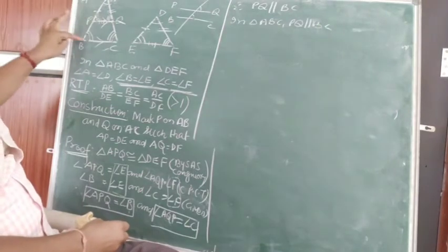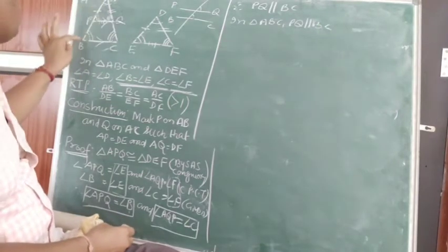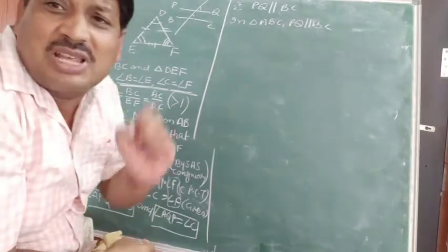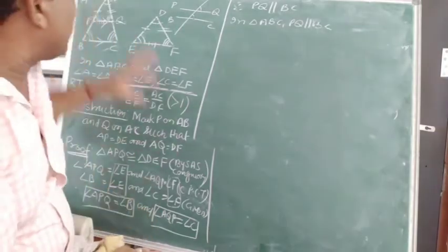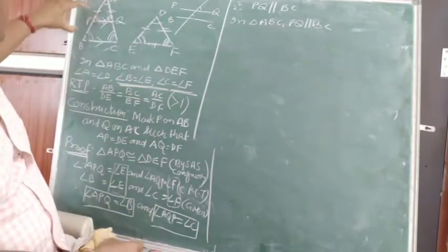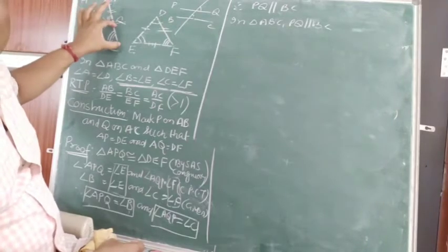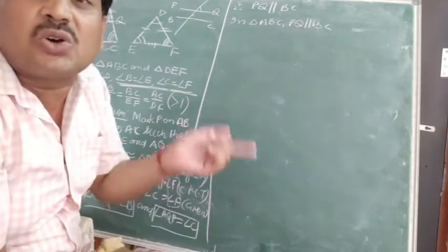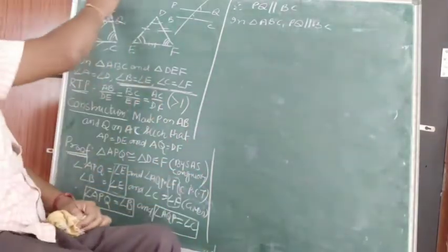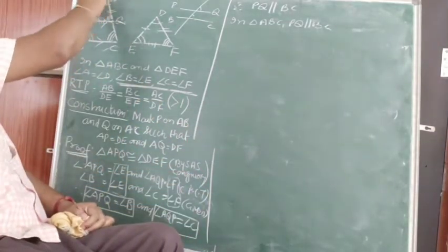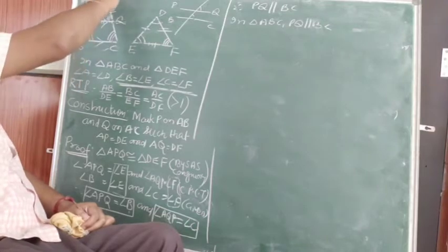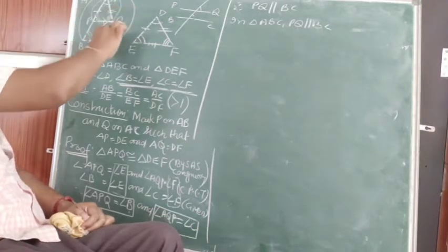In triangle ABC, if PQ is parallel to BC, then what does the BPT say? It says that the ratio of this divided by this is equal to the ratio of this divided by this. Is it not? Or its corollary says that the ratio of this part divided by the whole is equal to the ratio of this part divided by the whole, children.